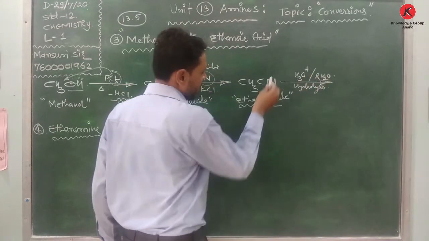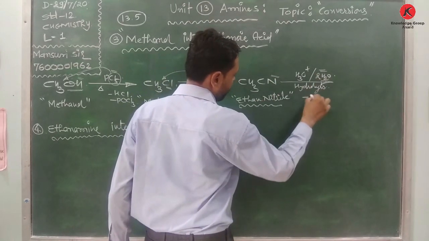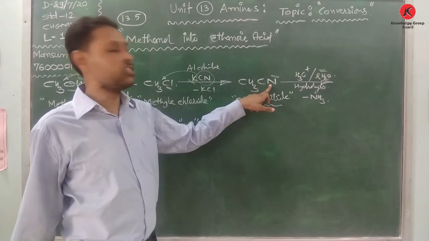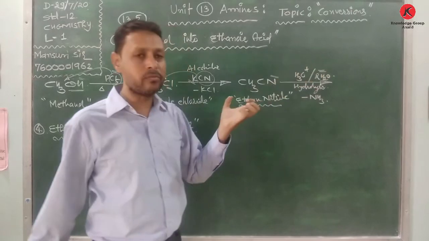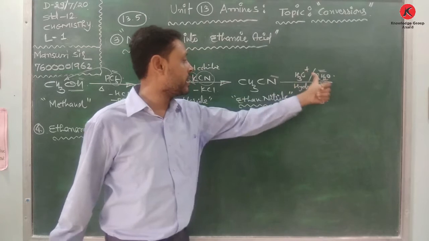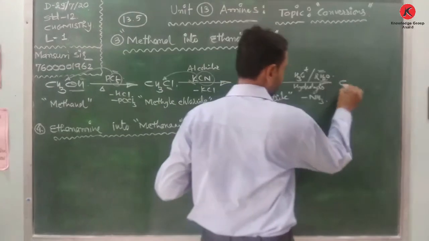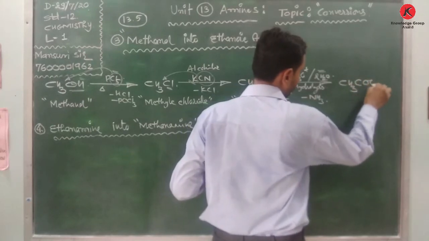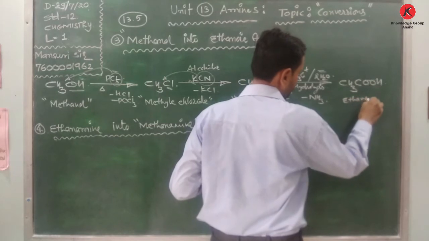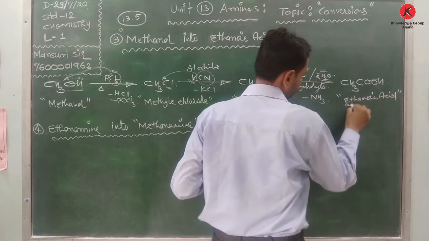Nitrogen will take 3 hydrogens and form ammonia, and thereafter 2 oxygens and 1 hydrogen will gradually go onto the carbon. So CH3COOH will be formed. This is my ethanoic acid.